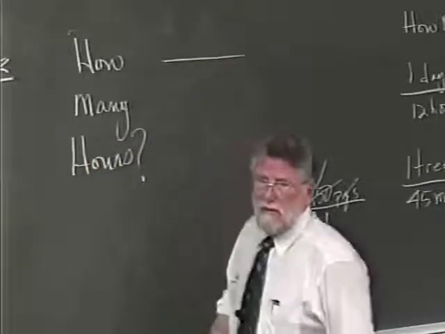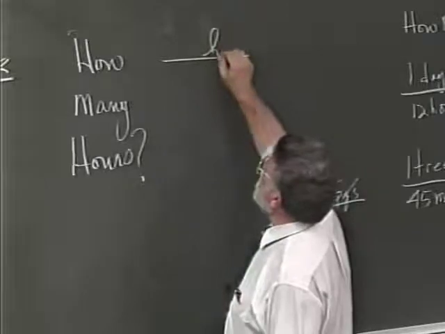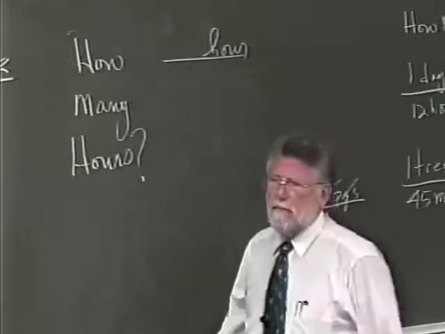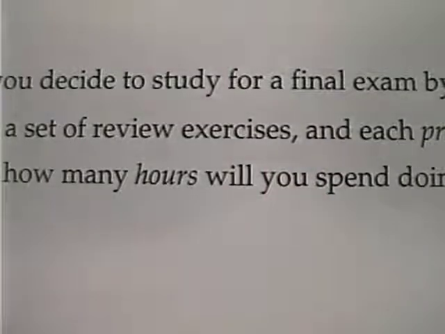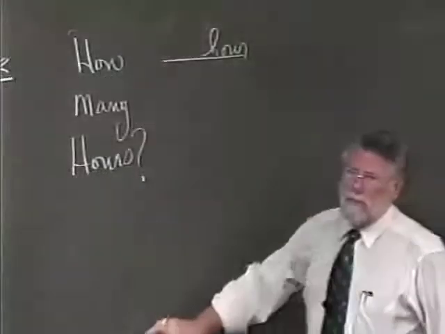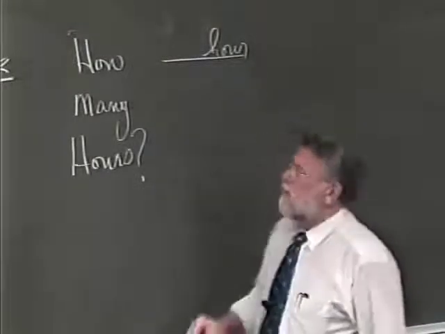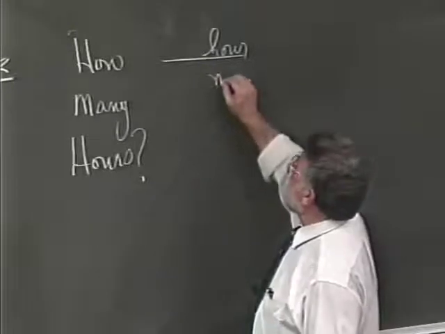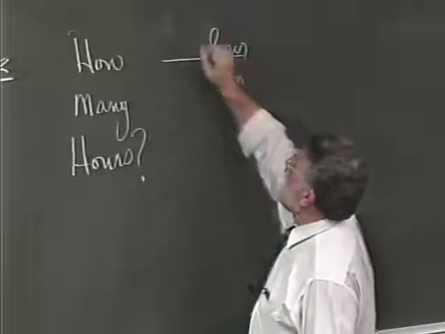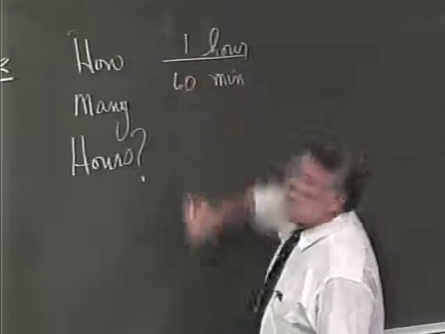So first fraction, we're going to have an hour in it. Well, we don't know if it's 1 hour. Let's come back to the problem. In the problem, it said you did so many minutes per problem, is that right? 12 minutes for a problem? So if that's what it tells me, then indeed I want this equivalent: 1 hour over 60 minutes.